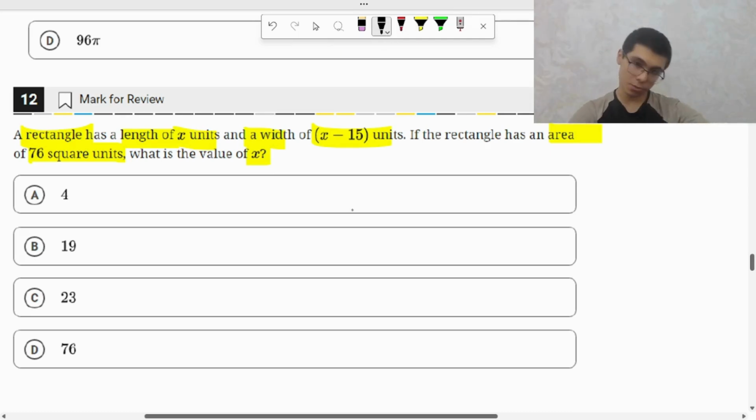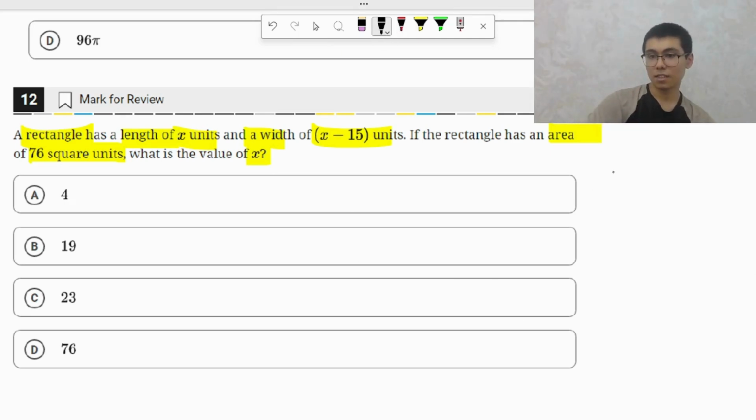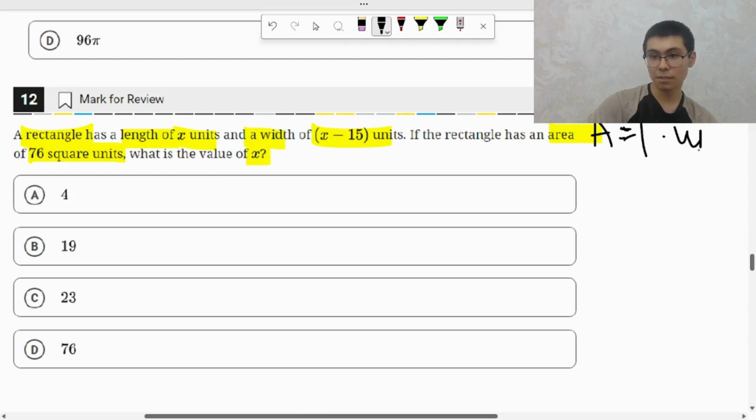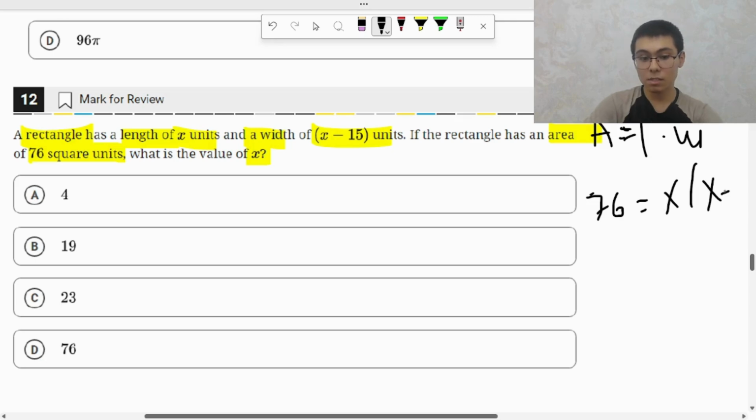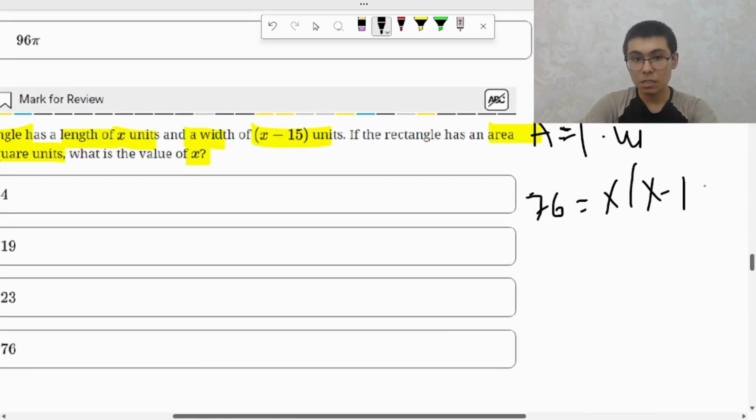I believe you know it, because it's easy. For those who might not know it, area equals length multiplied by width. So the area is 76 square units, and this equals x multiplied by x minus 15.